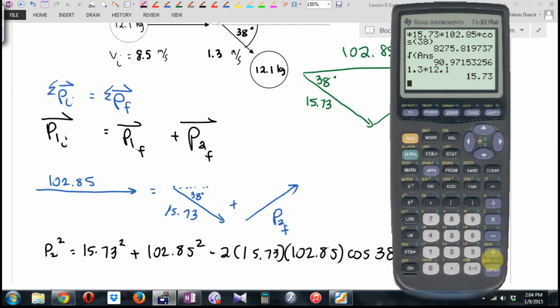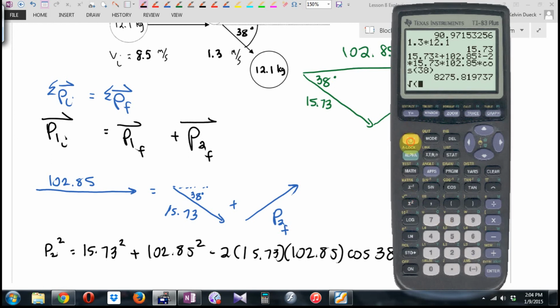Okay. Let's go back again. This seems wonky to me. Squared. 102.8 squared. Minus 15.7. 102.85 cos 38. Yeah, okay. 90.9715. Okay.